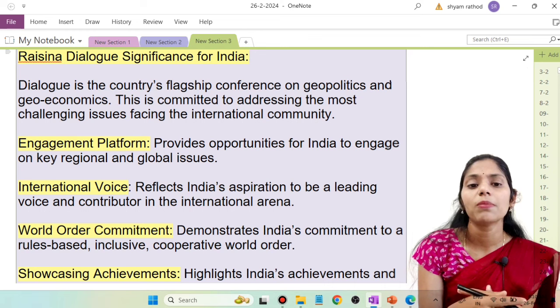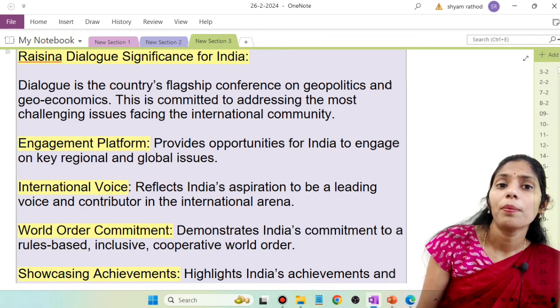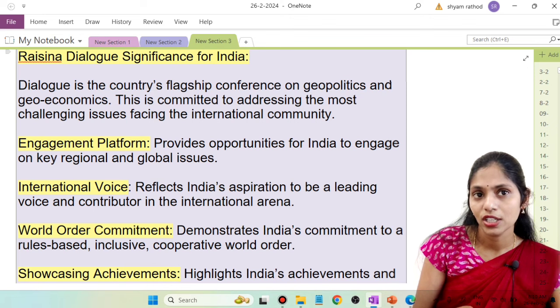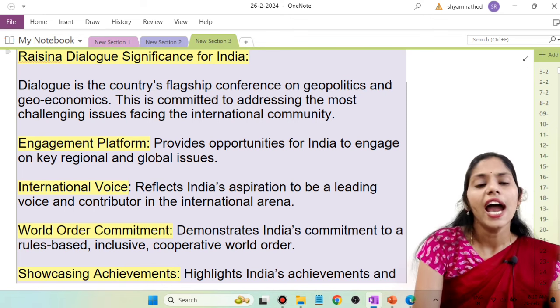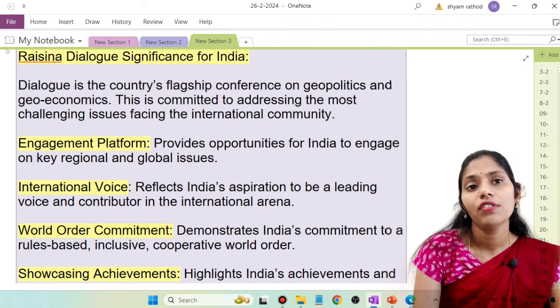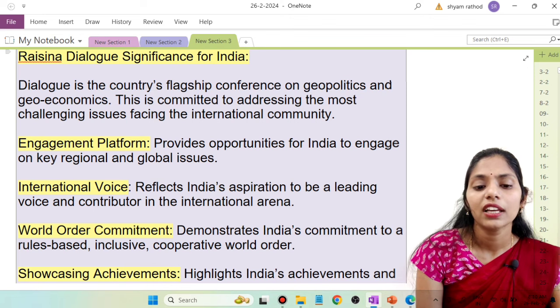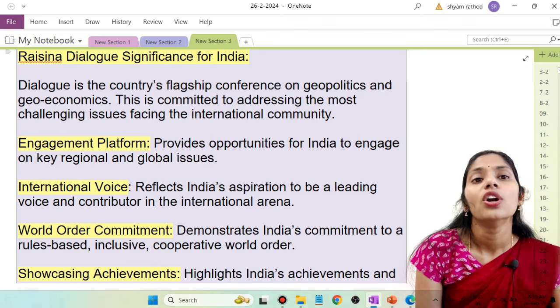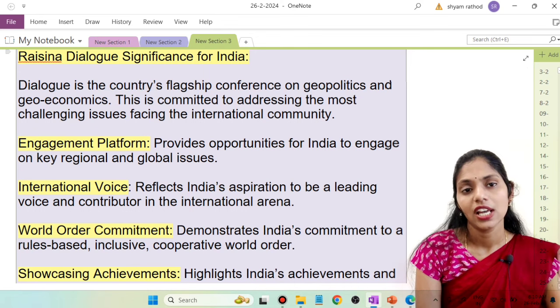It is an engagement platform, providing an opportunity for India to engage with other key regional and global issues. It also reflects India's aspiration to be a leading voice and contributor in the international arena.